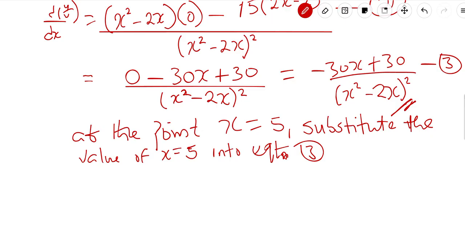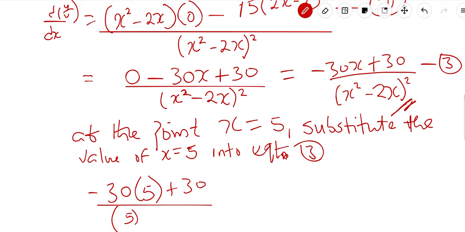So we have minus 30 into 5 plus 30 divided by 5 squared minus 2 into 5, all squared.